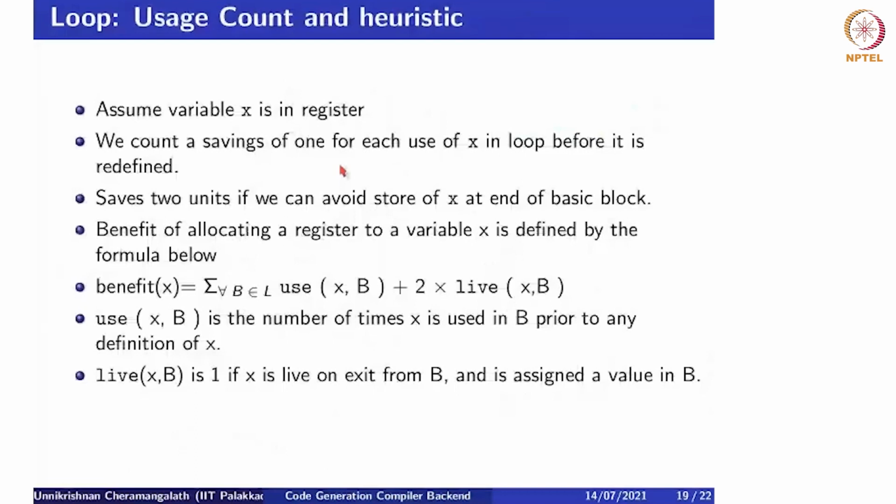Whether this use will count for this heuristic function: use(x) is the number of times x is used in b prior to the definition of x, but this will not count because a has already been defined. So you have a value of 2 for this basic block b1 for a. Then any other basic blocks where there is a use of a prior to definition is b2, and b3 has a use of a. So the benefit of a will be 4.